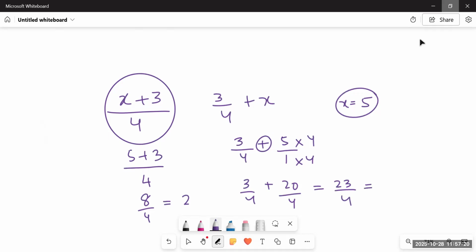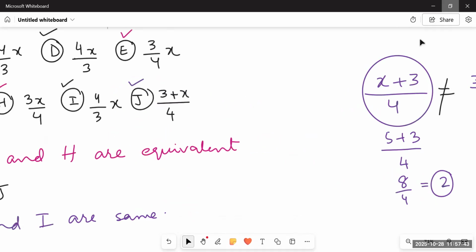So we will convert it into a mixed number: 5 fours are 20, and it becomes 5 whole 3 over 4. So are 2 and 5 whole 3 over 4 equal? No. The same way, x plus 3 over 4 is not equal to 3 over 4 plus x. Okay? So make sure you know the difference between these sorts of expressions.